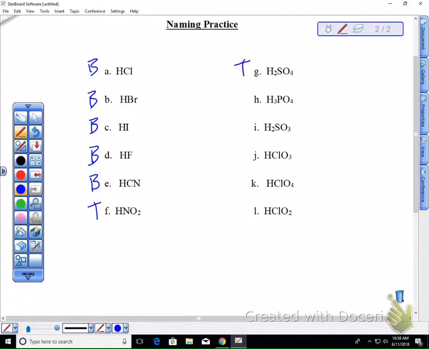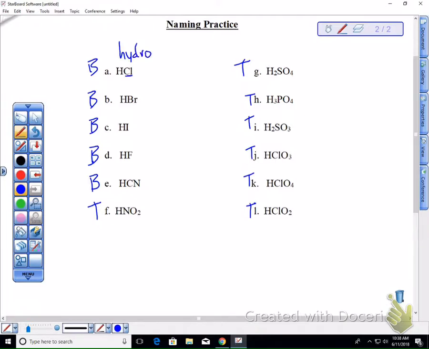Now, just to keep it simple, I'm going to just call them ternary here because T is obviously different when I write on this board than the B. So, different types of acids. So let's name A through E according to the rules I taught you for binary acids. HCl, we know these all start with hydro, so this is going to be hydro.